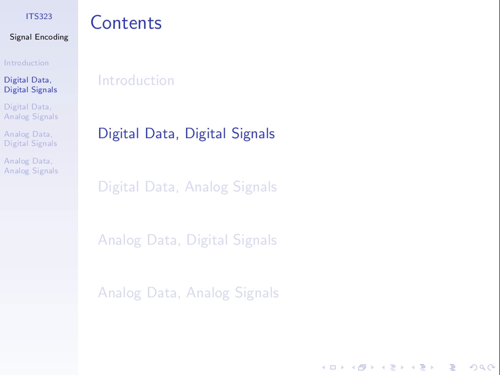The schemes must be known by the transmitter and receiver. They must be agreed upon. So the transmitter and receiver must know which scheme is being used, and also the pulse duration. We've called this a signal element. Let's say it's a duration of 1 millisecond, for example.